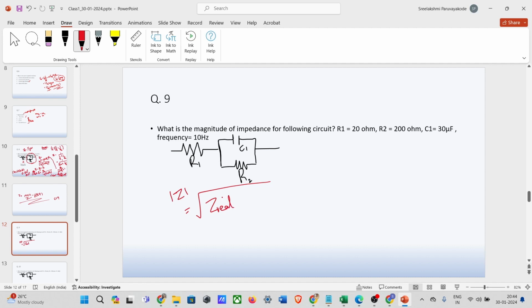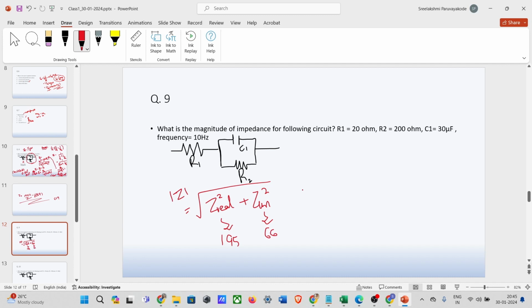So it is nothing but the square root of z real square plus z imaginary square. We know the value of z real is around 195, and the value of z imaginary is around 66, 67 you can take.